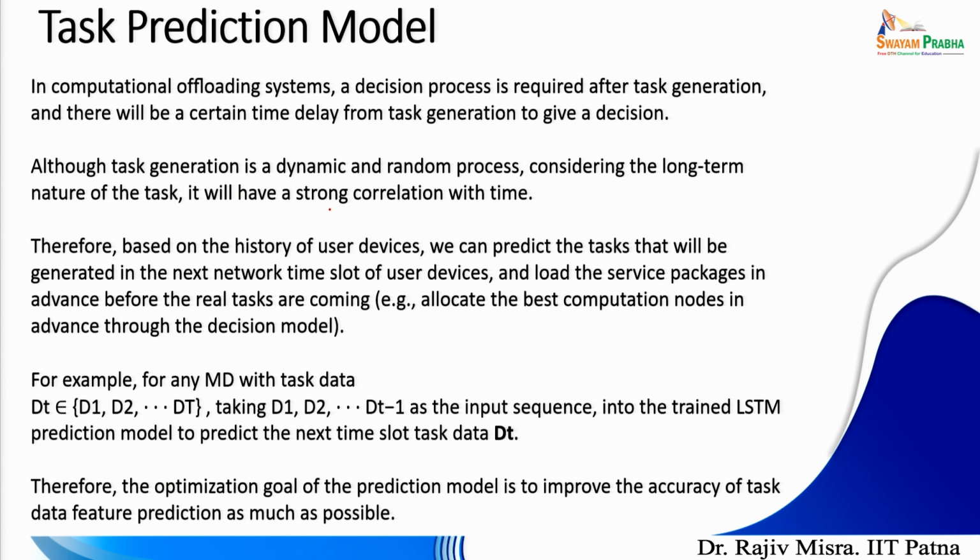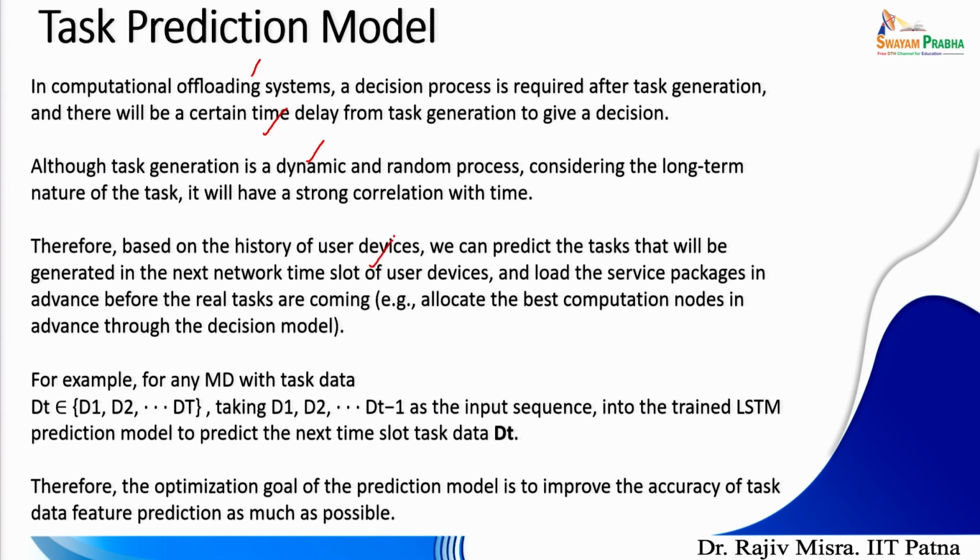So, let us see about the task prediction model. In the computation offloading system, a decision process is required after the task generation, and there will be a certain time delay from the task generation to give a decision. Although the task generation is a dynamic and random process, considering the long term nature of the task, it will have a strong correlation with time.